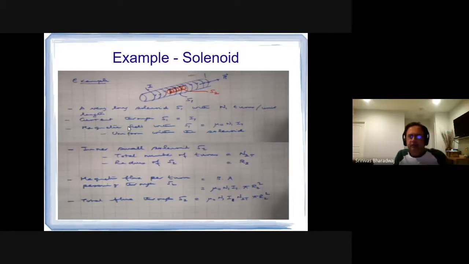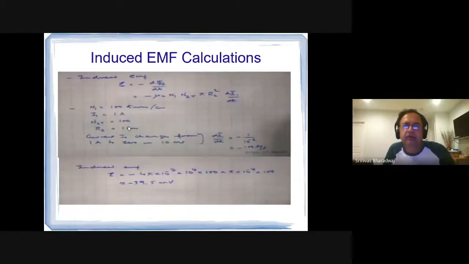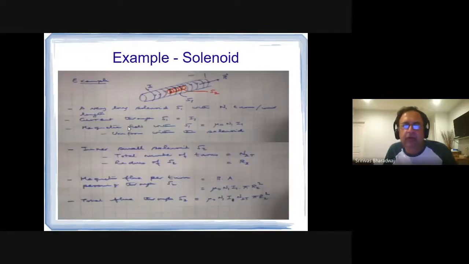Okay, so that will produce your net total flux. Now what do you need to do for the induced EMF? If it is a constant B, it is not going to produce anything. So you need to change the mu naught n i.